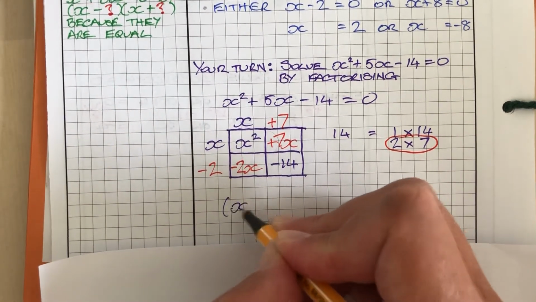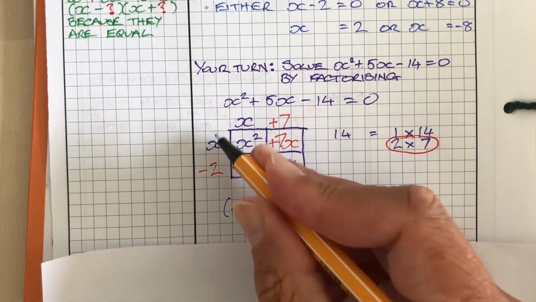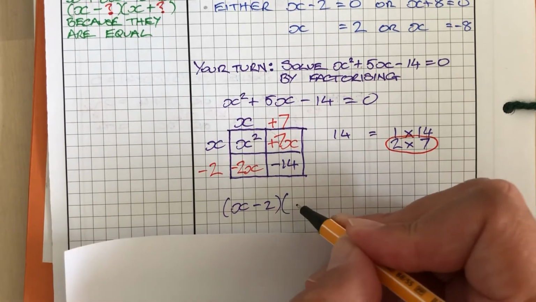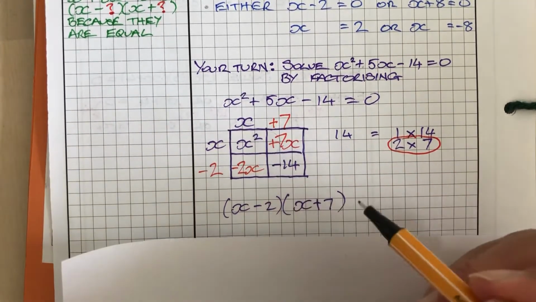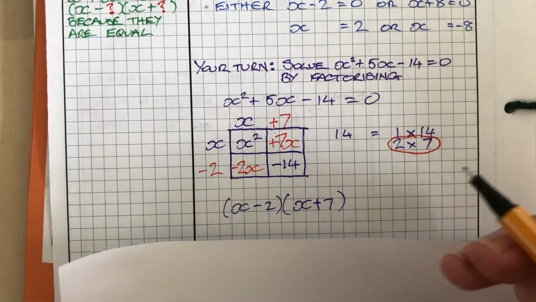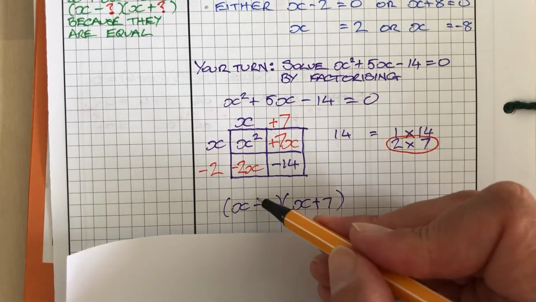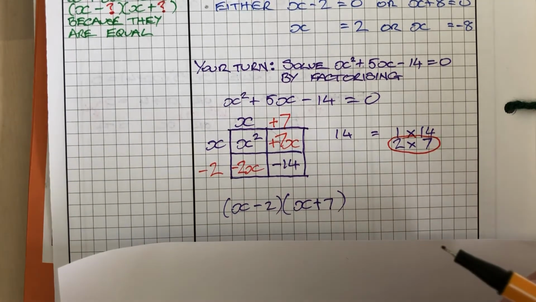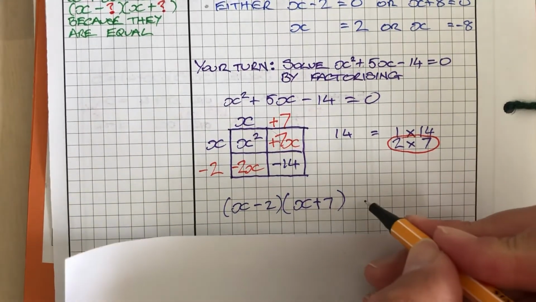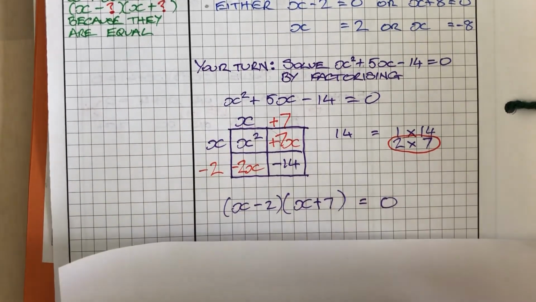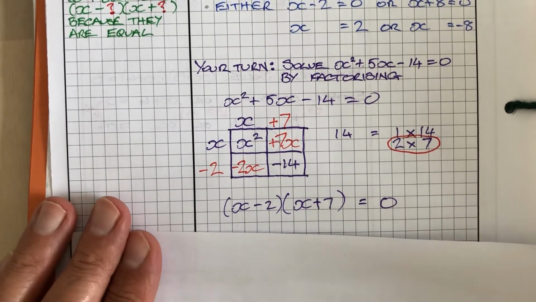We've got x take away 2, copy these, times by x add 7, copy these. Doesn't matter if you've got it the other way round. Does matter if you've got plus 2 and negative 7, or negative and negative. That would be wrong. Okay, x minus 2 times by x plus 7.